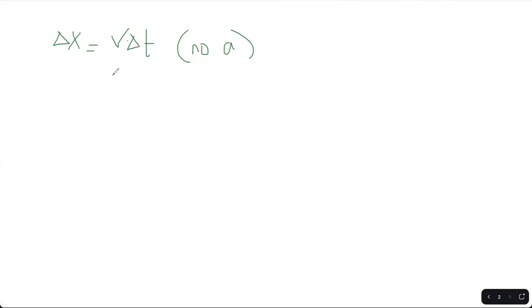Now, for the equations that do have acceleration, one of them is position, or displacement, change in position, is going to be equal to initial velocity plus final velocity over 2 times t. Let's break this down a bit.